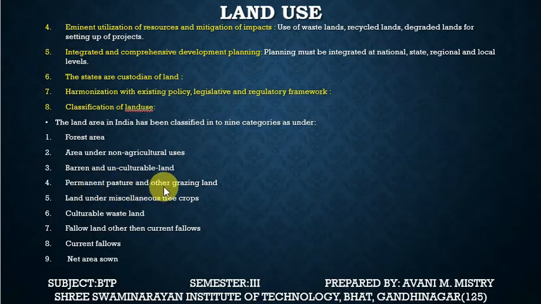Permanent pasture and other grazing land, land under miscellaneous tree crops, cultivable wasteland, then fallow land other than current fallows and net area sown.